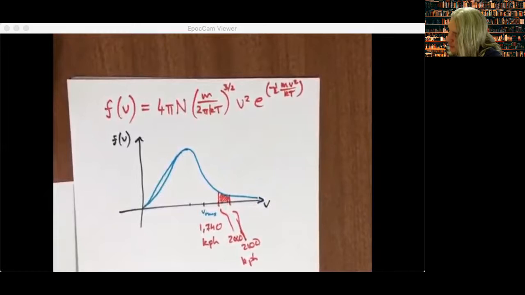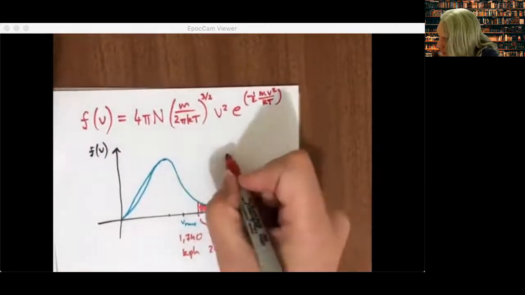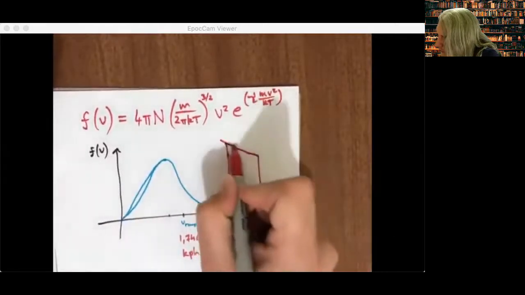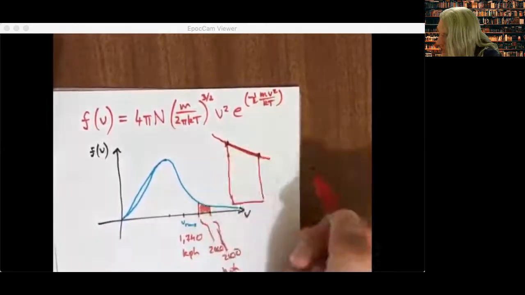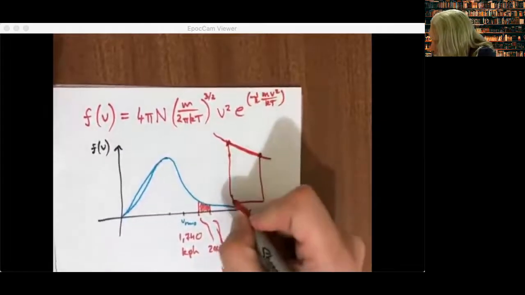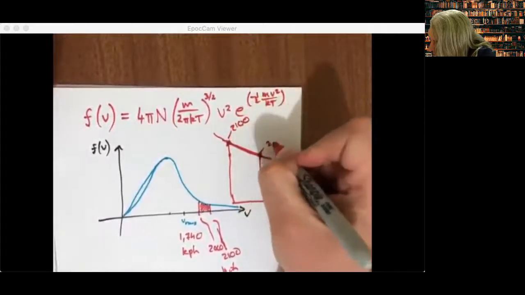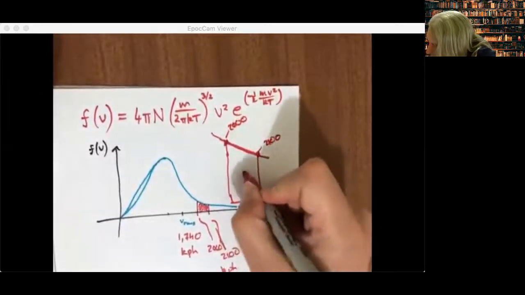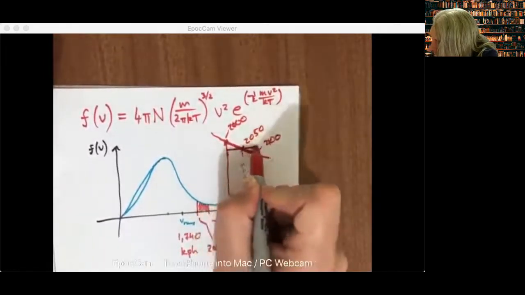Now, if you recall the example in the slides, we said one way to solve this: if you zoom in on that, it's going to look something like this, right? Because it's only a small portion of a curve, we can treat this as being almost a straight line. It's very close to being a straight line, and for our purposes that'll be good enough. So if this is f(v) at 2,100 there, and 2,000 there, what we can do is find instead the value halfway, at 2,050, and then we can just do a rectangle.